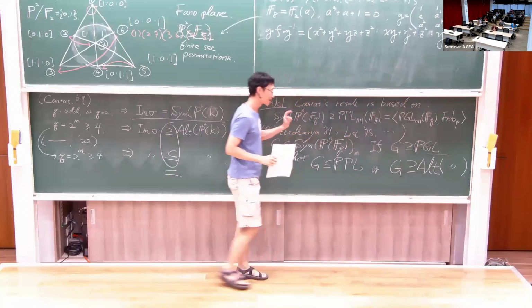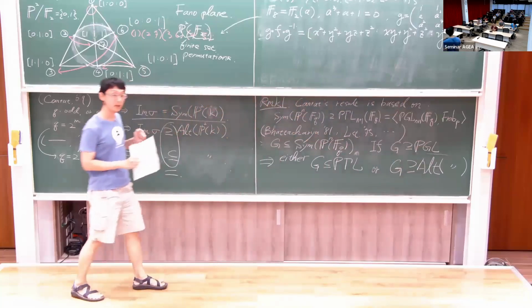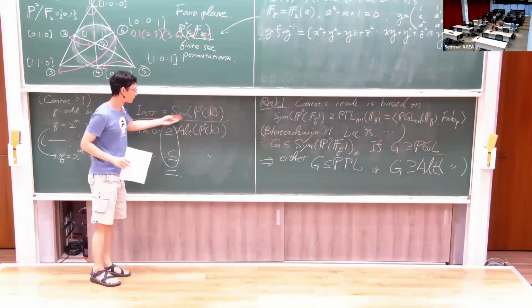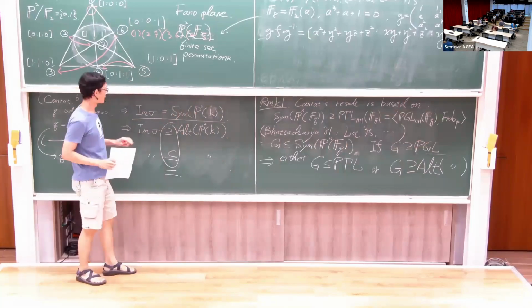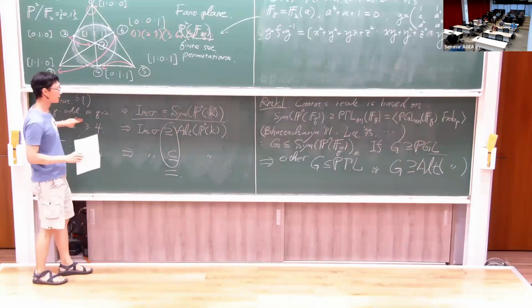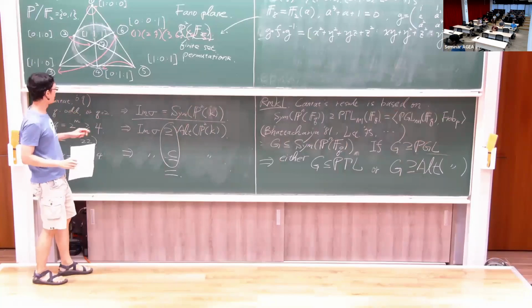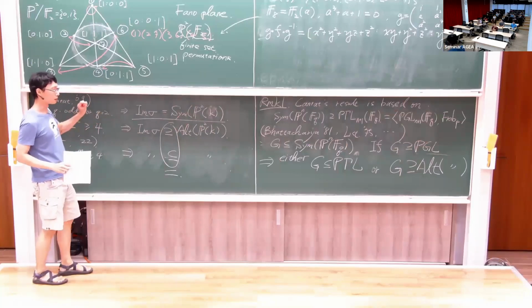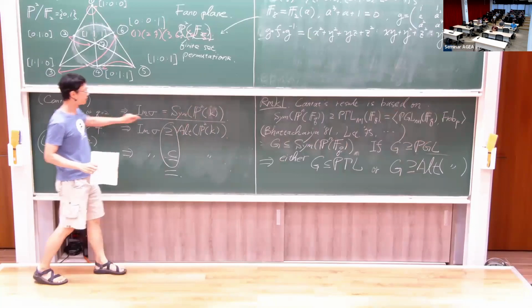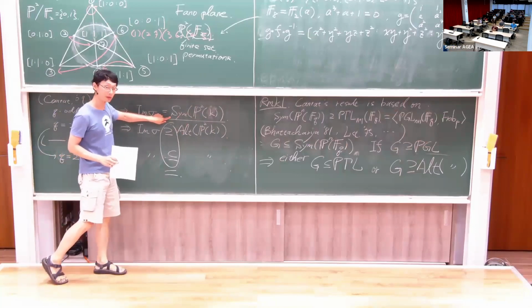And if this example produces an odd permutation, then you can recover everything. In this case, Kantor produced an example which does these two jobs: it's not a collineation, and it induces an odd permutation.